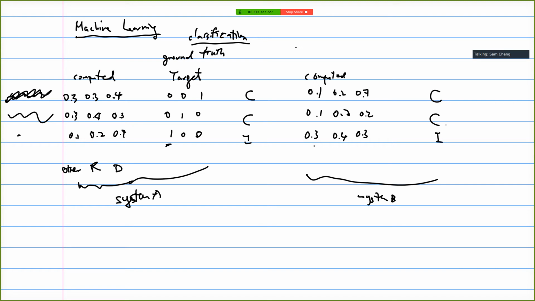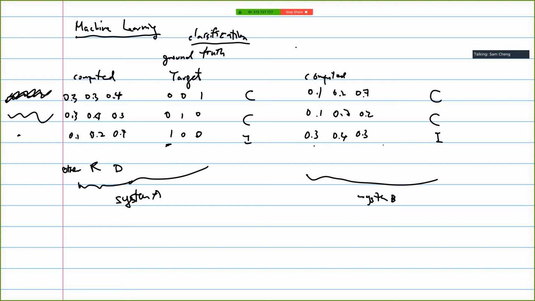So it's incorrect. One of the interesting questions in machine learning is that you have several systems with some training data of the result. This is the first system, system A, with estimated results like this and the ground truth, and system B also estimated results like this and has the ground truth.